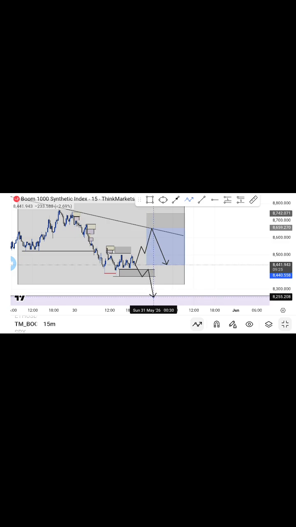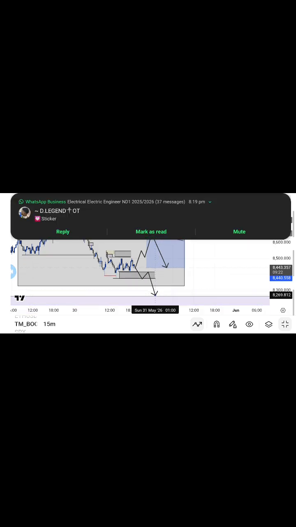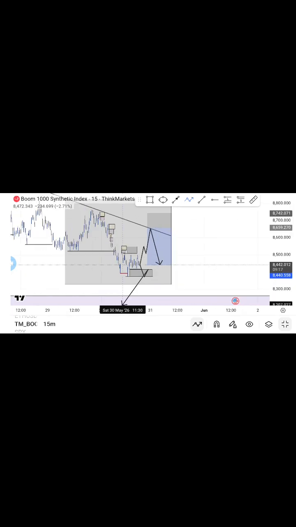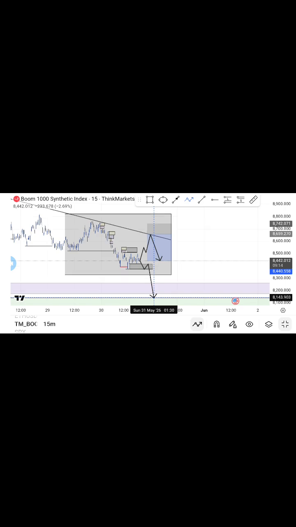The market might push back to this zone here, or to our demand zone, this green box here. We don't know whether it's going to respect this zone or that zone before we look for a long trade. But if it pushes back to our imbalance and respects it, we look for our confirmation, then we want to be looking for a long trade.